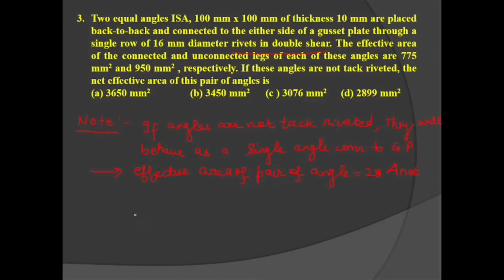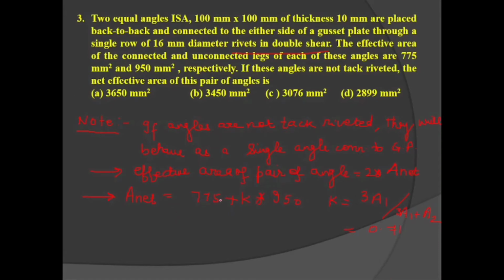That's why A net for every angle is equal to A1 plus K into A2, and K here, since they act as a single angle, is 3A1 by 3A1 plus A2. After putting the values of A1 and A2, I found K equals 0.71. This is due to more shear lag effect. More shear lag means less value of K.